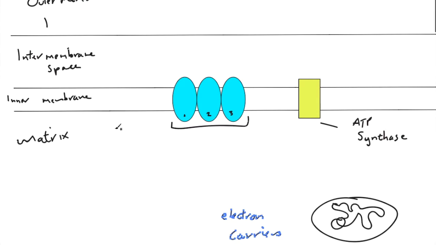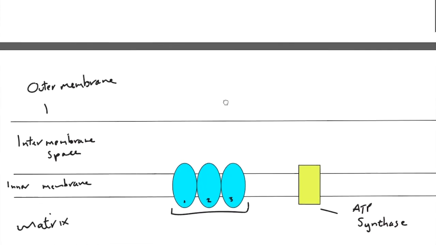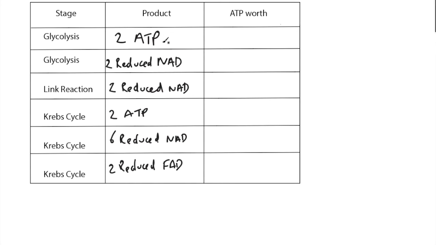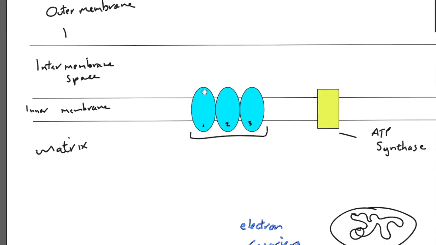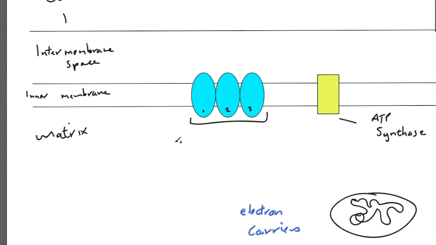So what happens before we've made ATP, and these are just ATP, so that's no problem. What happens in this stage is what happens to these reduced NAD and reduced FAD. And what they do is they travel from the Krebs cycle and the link reaction to here.